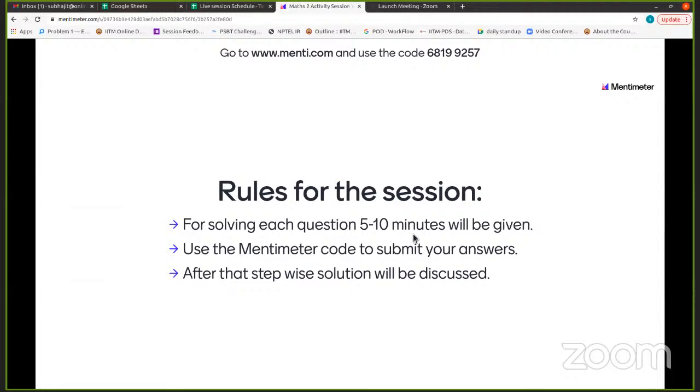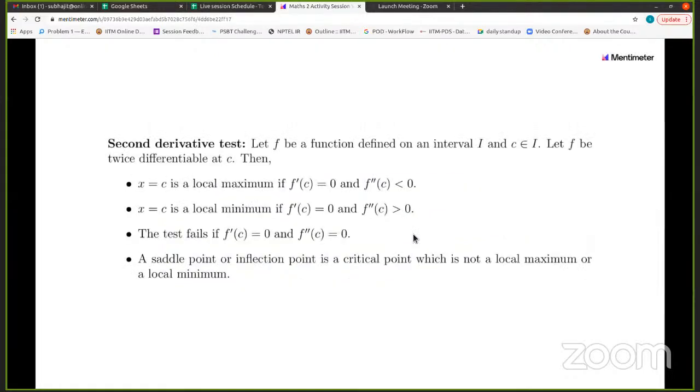So before starting the question, I have mentioned the second derivative test here. Someone also asked me this just now. At first we will find the critical points by solving the equation f dash x equal to 0. Suppose in an interval I am trying to find local maxima or local minima.